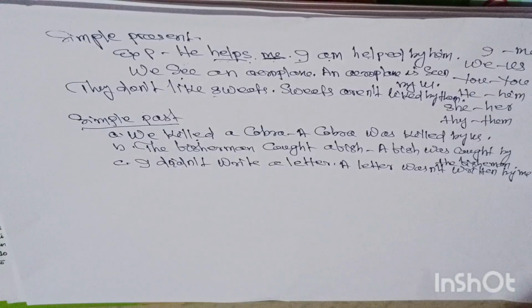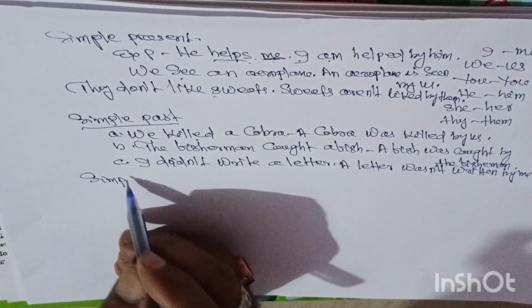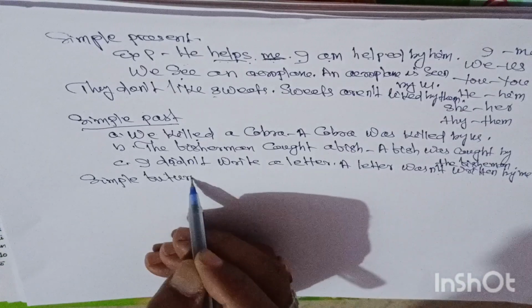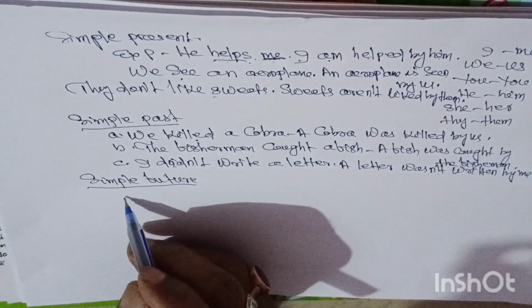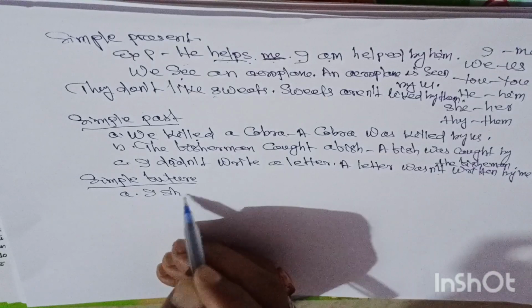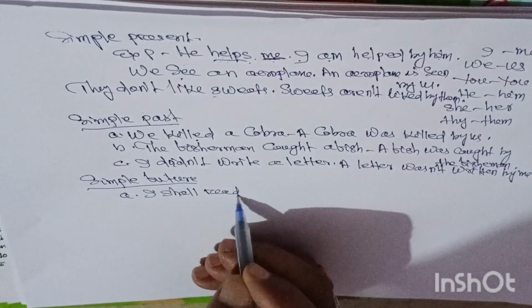Then the simple future. What are the examples of simple future? You have to remember in which way the simple future changes to passive. The first example is I shall read a book.